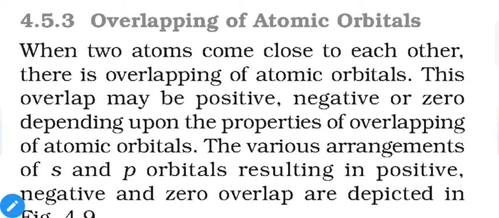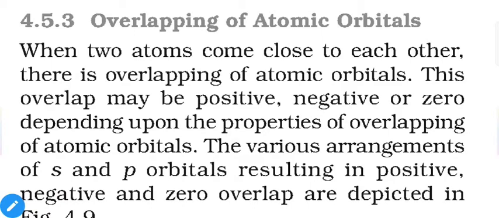When two atoms come close to each other, there is overlapping of atomic orbitals. This overlap may be positive, negative or zero depending upon the properties of overlapping. Here, positive, negative and zero overlapping does not indicate charges. They actually indicate probabilities.